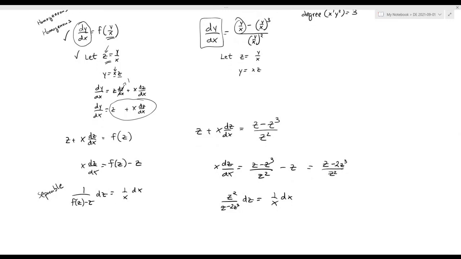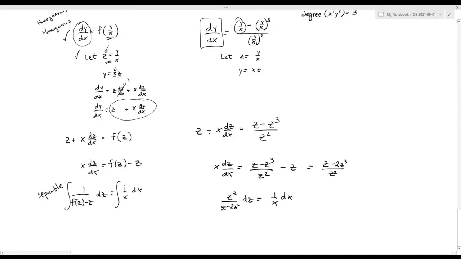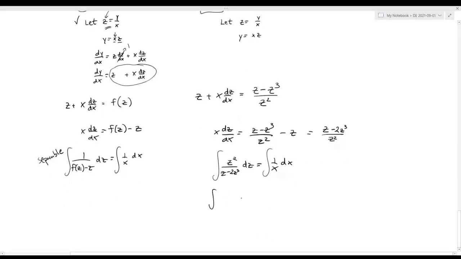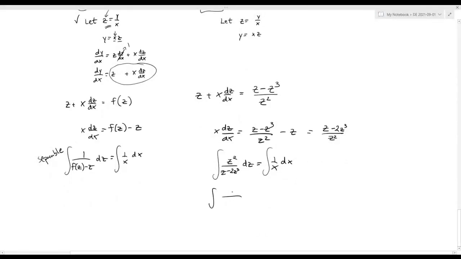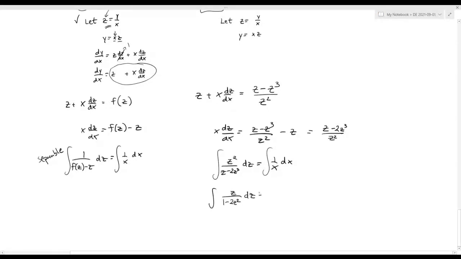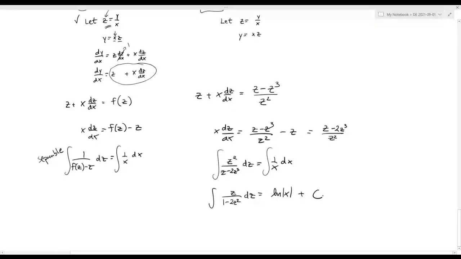And then, since we already know how to deal with separable differential equations, once we separate the variables, we anti-differentiate both sides. All right. I think the left-hand side we can simplify further by canceling the z. On the right-hand side, we get log of x up to a constant.